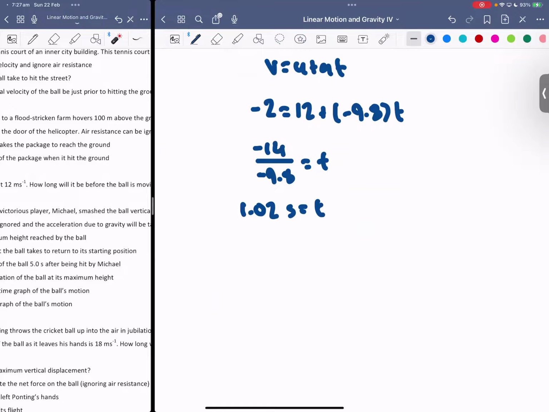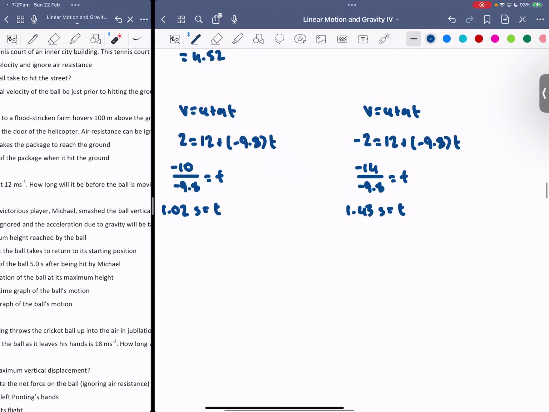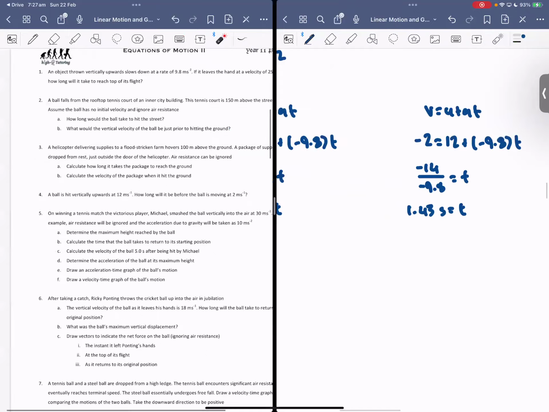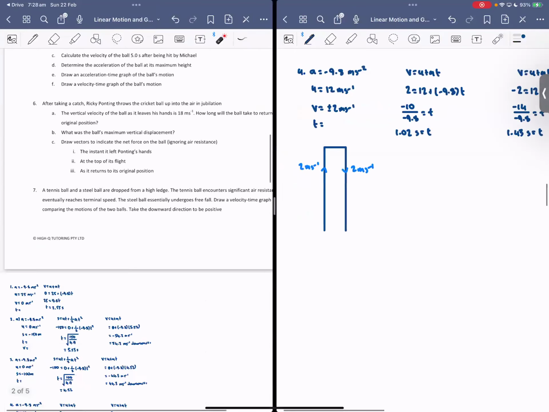It should be a bit more time. 1.43 seconds. So there are 2 times: 1.02 seconds on the way up and 1.43 seconds on the way down. Nice. Question number 5.